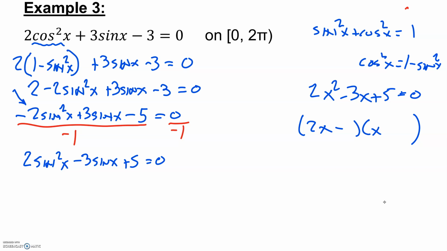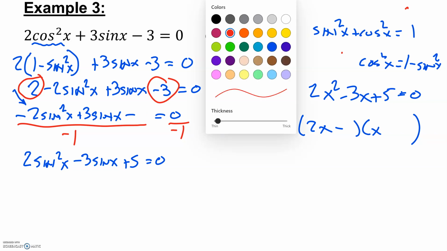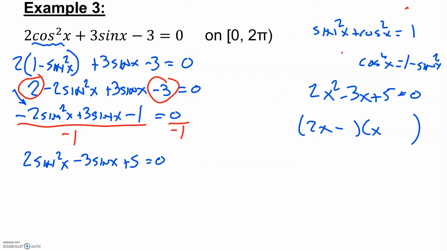Oh, geez. Okay, so, sorry, I just realized I had an error here. I'm sure you already saw it. 2 and a -3 do not make 5. 2 and a -3 make a -1.